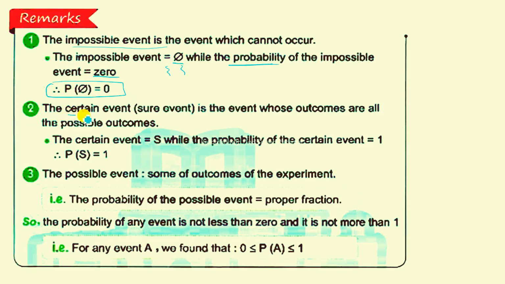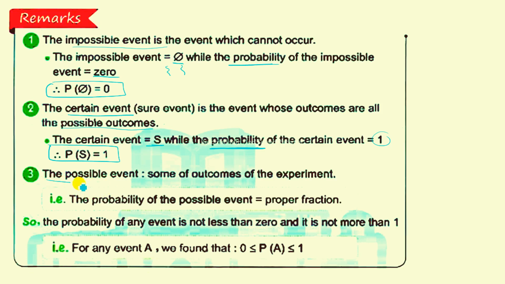The certain event, or sure event, is the event whose outcomes are all the possible outcomes, meaning all the outcomes in the sample space. So the certain event is equal to S, the sample space, while the probability of the certain event is equal to 1. Probability of S is equal to 1. Okay.